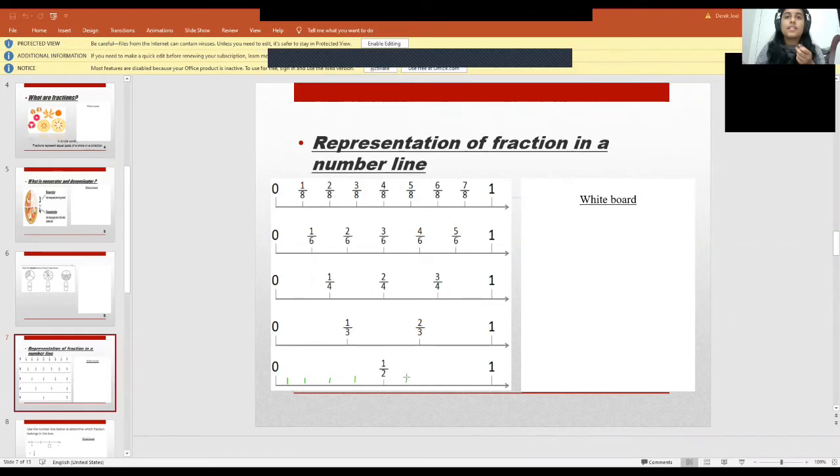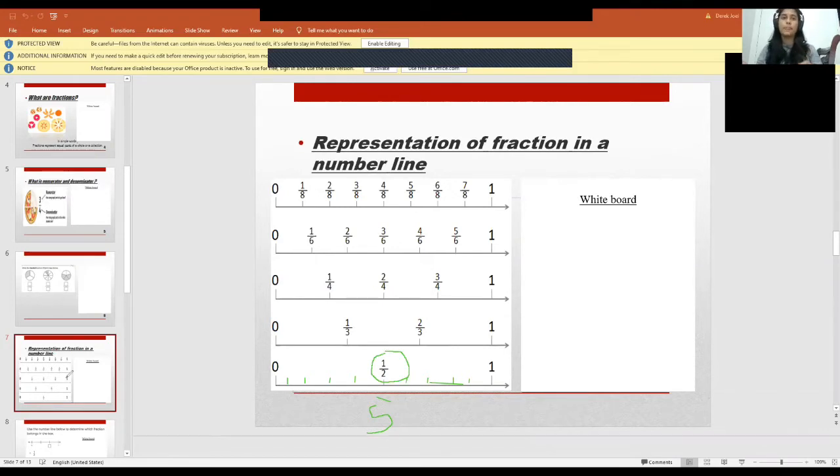You have 6, you have 7, you have 8, you have 9, and you have your 10. So 10 divisions, and your fifth subdivision can be represented as a fraction.